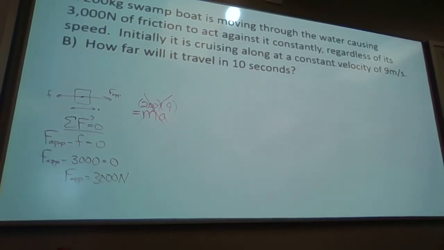Student: On the test, do we have to draw the free body diagram every time for something like this? Good question. For multiple choice, no. For free response, yes.